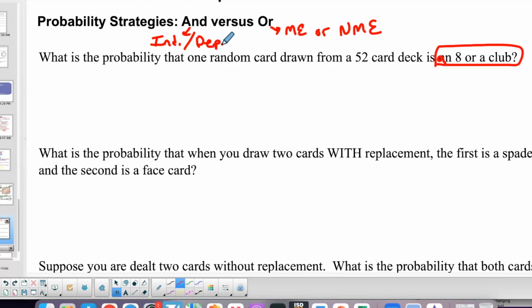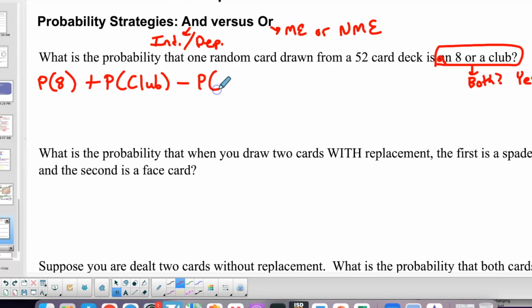So for this one, an 8 or a club, the question is, can there be both? The answer to that is yes. There's a card in the deck that is an 8 and a club. So in that situation, we need to look at the probability that it's an 8 plus the probability that it's a club minus the probability that it's an 8 and a club.